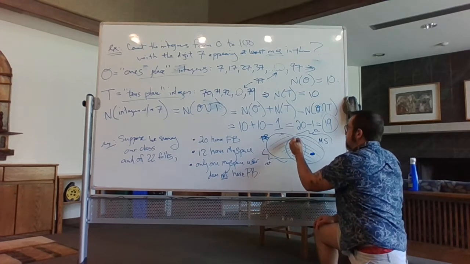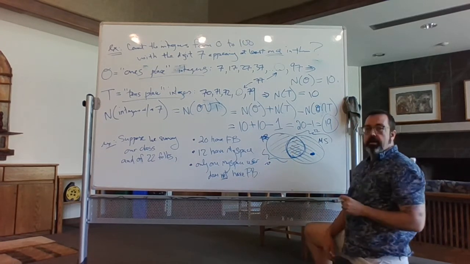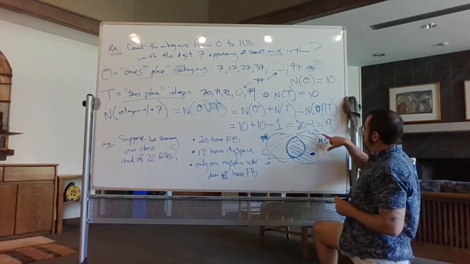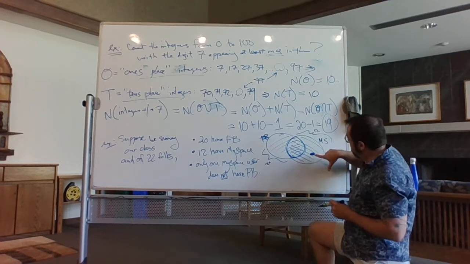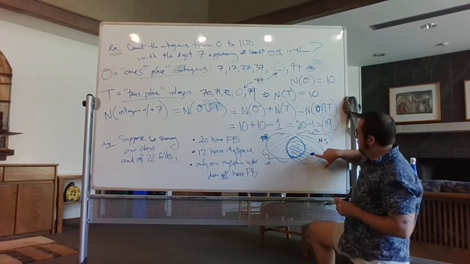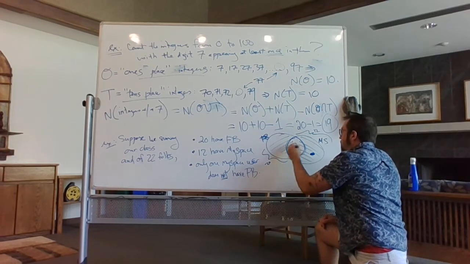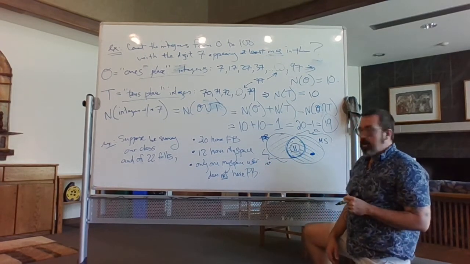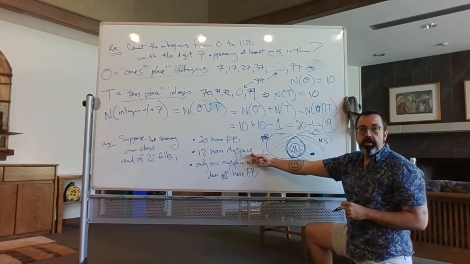That tells us something about how many people are in this intersection, right? Since the total number is 12 over all of MySpace, and there's only one person off on their own, that means in this intersection there are going to be 11 people, because it's all of the people in MySpace except for that one, and we knew there were 12 people total.